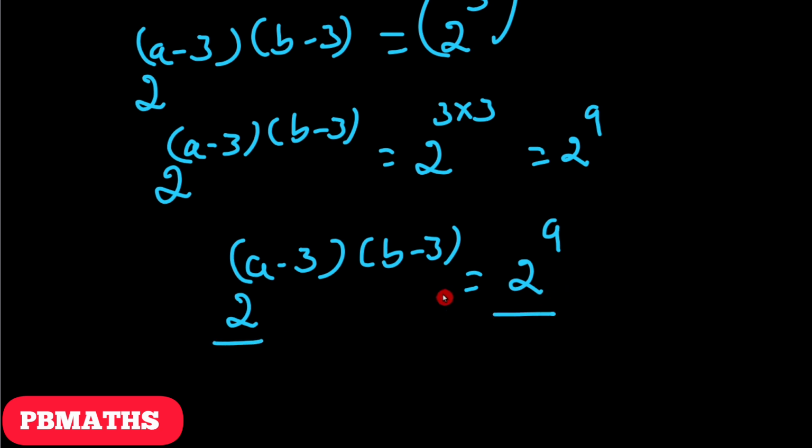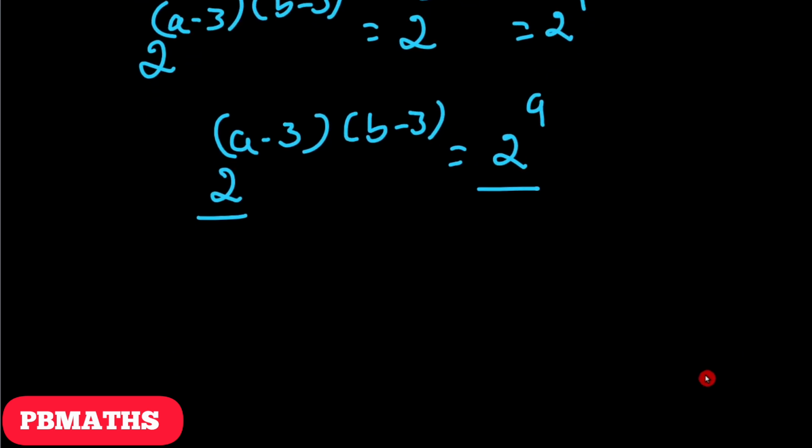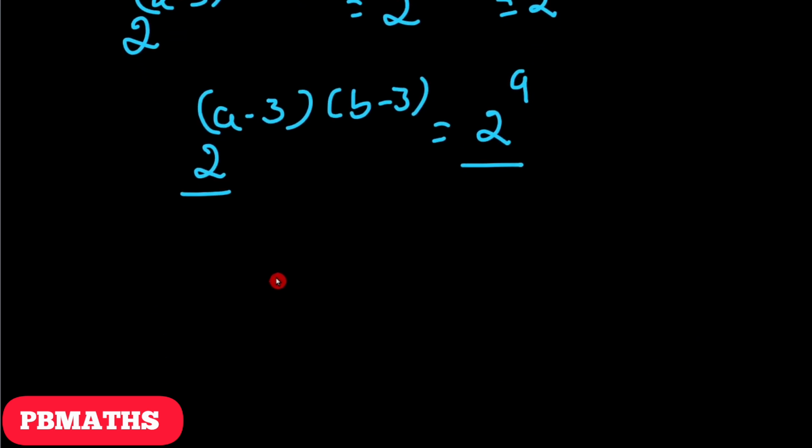Now, on either side of the equal, bases are same. We know that if bases are same, we can equate these powers. So, let's equate these powers now. By equating the powers, we can write (a minus 3) times (b minus 3) is equal to 9.